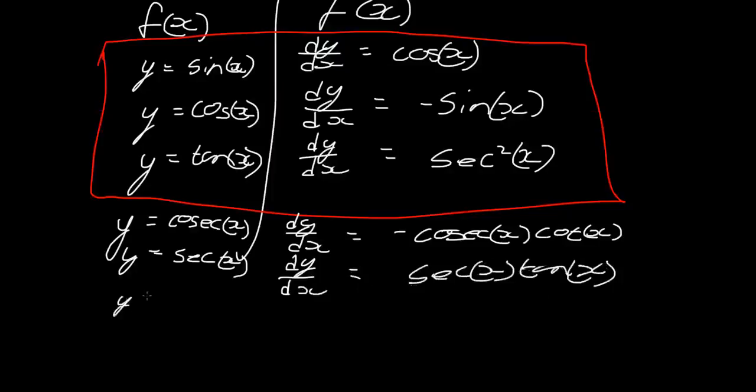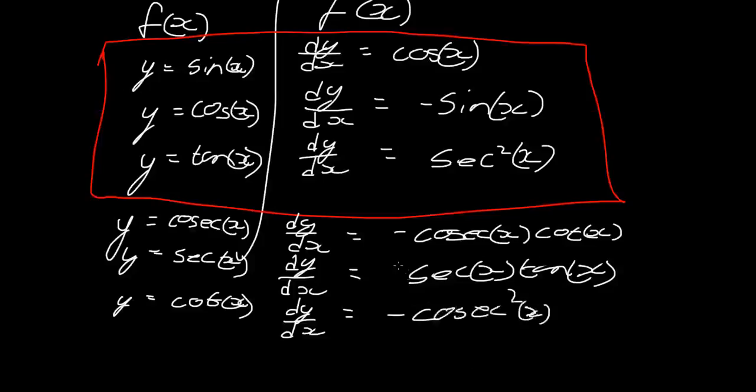And if y equals cot x, dy by dx is equal to negative cosec squared x. These are less important, but they are in your formula sheet. As I said, you just need to know how to use them.